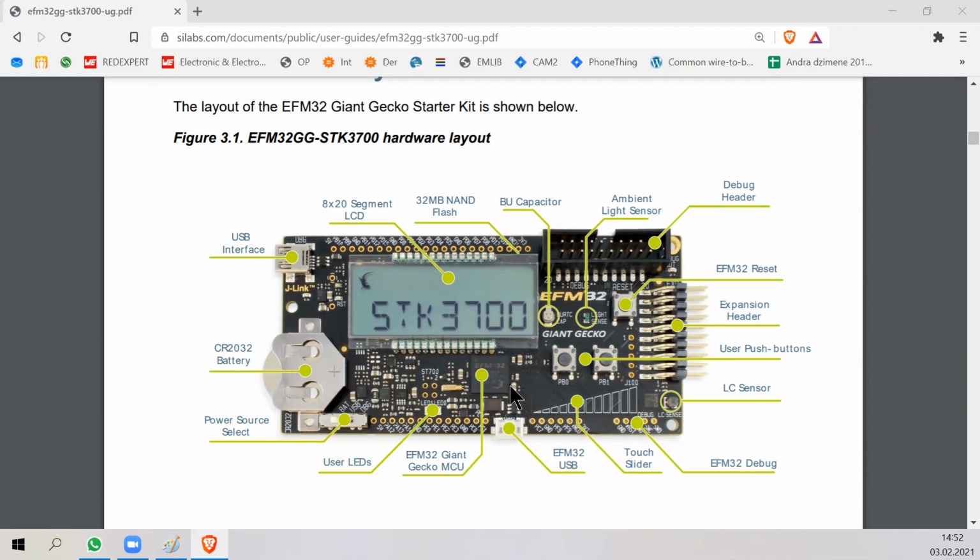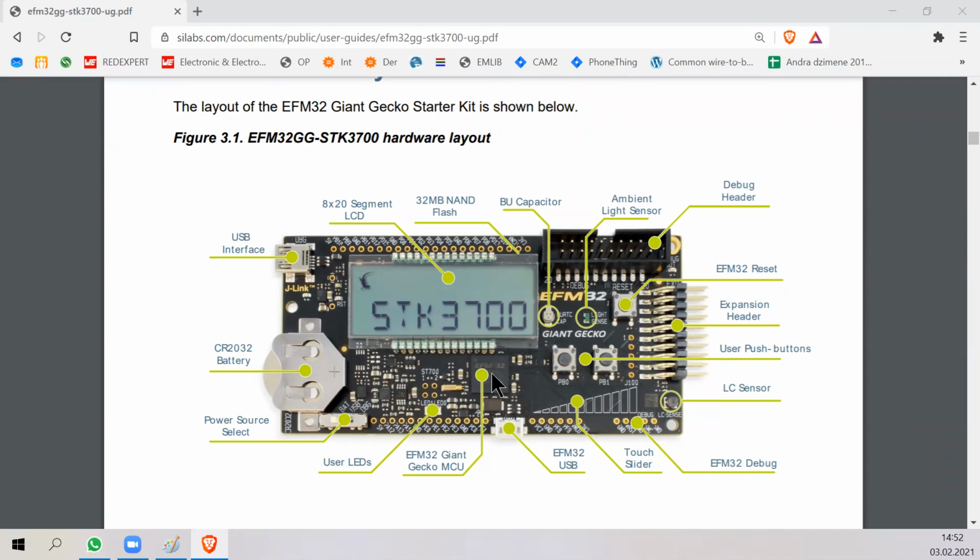So these are battery operated applications. For example, they say that with this small coin battery, you can do some calculations with the microcontroller and also have this LCD turned on, and it will only consume a few microamps and it will work for several years.